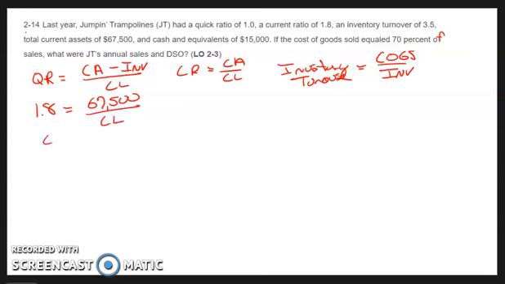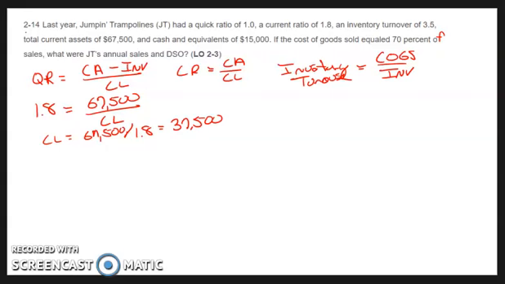So current liabilities is 67.5 divided by 1.8. So that's $37,500.